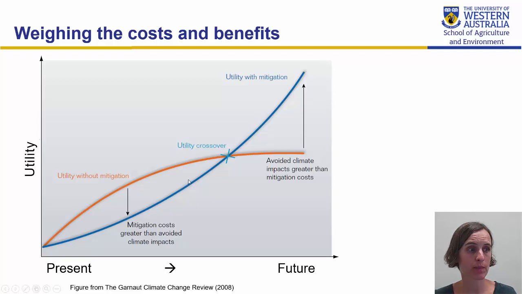But over time, because we avoid climate change, we can reap the benefits of those mitigation actions, and our utility might go up and up. And at some time in the future, we don't know exactly when, we have this utility crossover, where the avoided climate change impacts are greater than the mitigation costs.